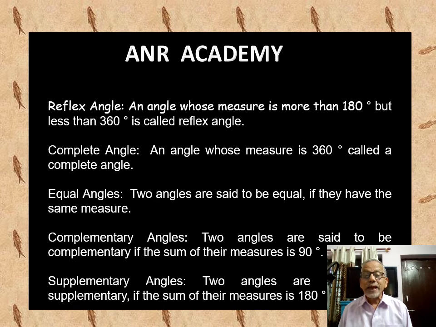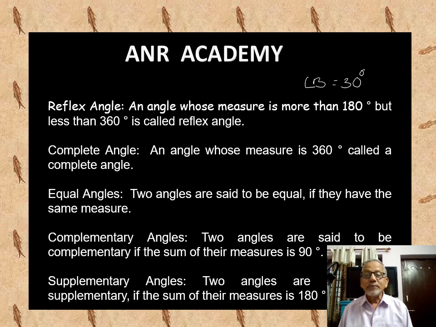Suppose angle A is 60 degrees and angle B is 30 degrees. What is the sum of angle A and angle B? 60 plus 30. So these two angles, angle A and angle B, are called complementary angles.